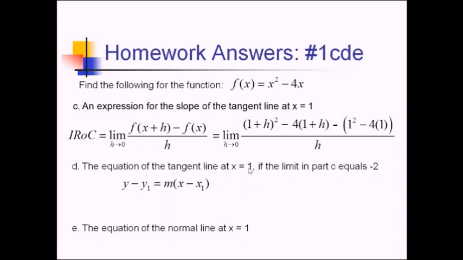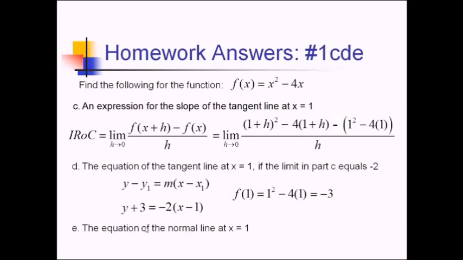So plugging 1 in, we're going to have 1 squared minus 4 times 1, which comes out to negative 3. So now I've got y minus negative 3, or y plus 3, equals the slope they gave us of negative 2, that's the instant slope, times parentheses x minus 1.